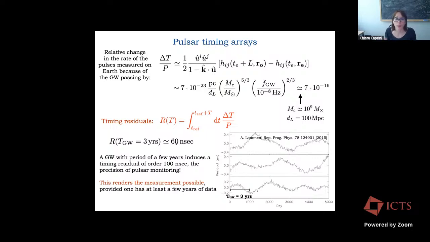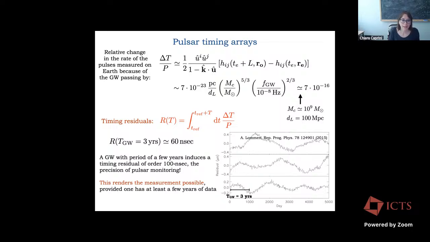So this is really the key reason why it is possible to measure the gravitational waves from supermassive black hole binaries with pulsar timing arrays. The reason is that a gravitational wave with a period of a few years, which is exactly what happens in the emission from a supermassive black hole binary, induces a timing residual of the order of 100 nanoseconds.